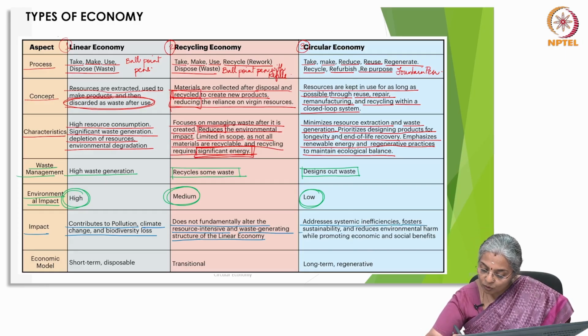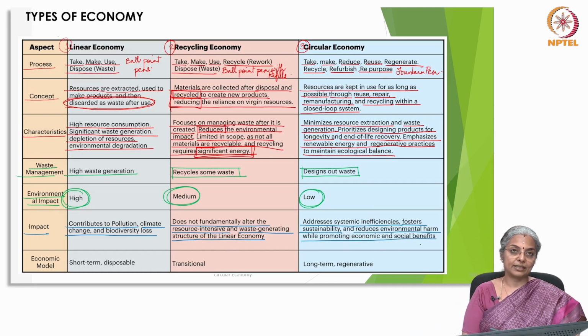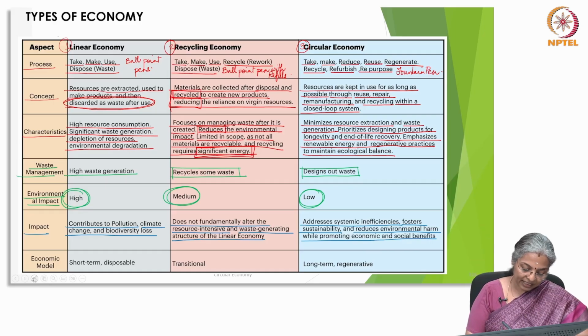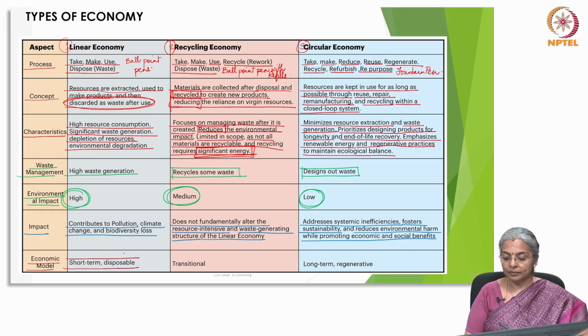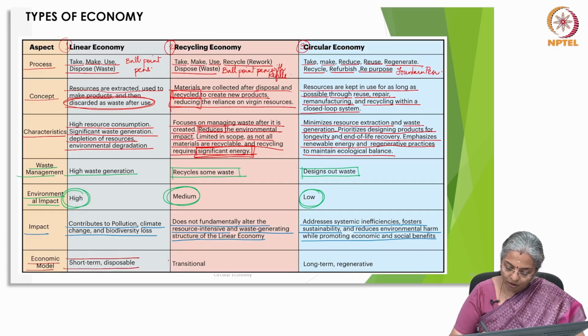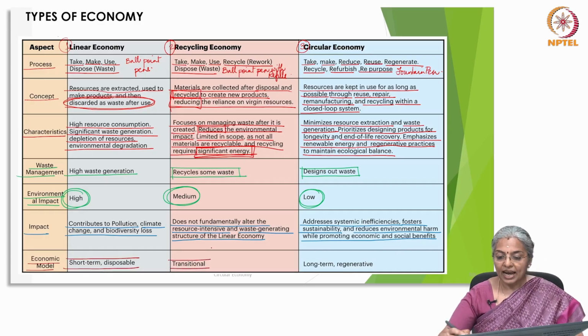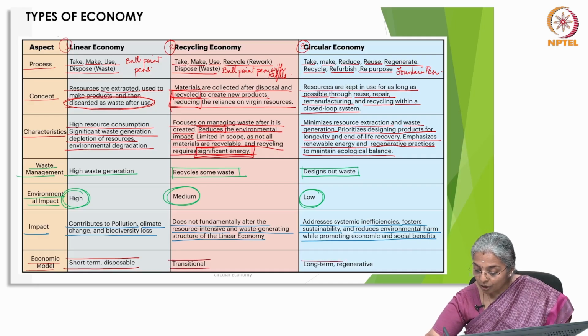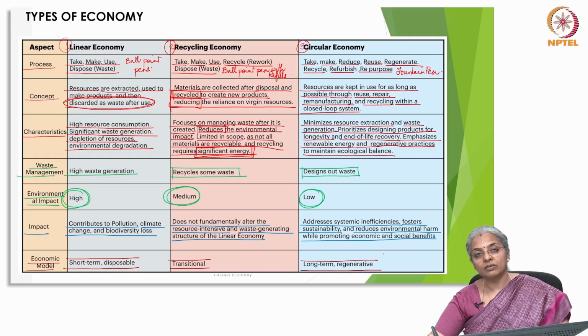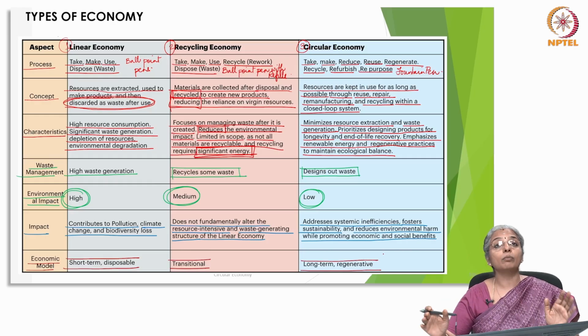It fosters sustainability and reduces environmental harm while also promoting economic and social benefit. If we look at the economic model of each of these, the linear economy is not sustainable. It is short term and disposable, whereas recycling economy is transitional and circular economy is long term, regenerative, sustainable over a long period of time.